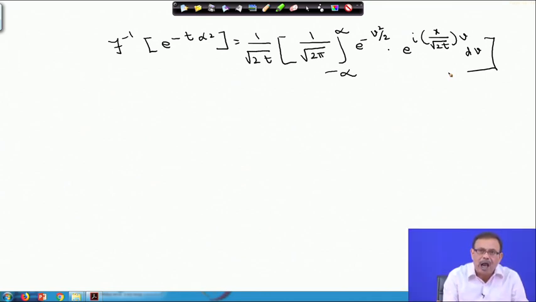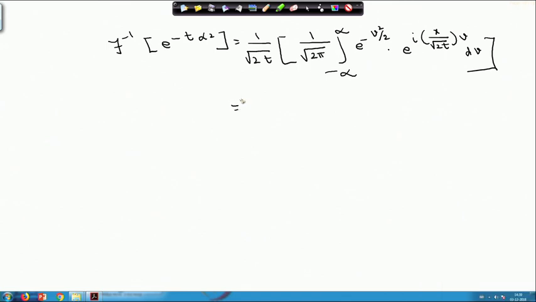The inner portion is nothing but the Fourier transform of e power minus v square by 2, which I know. So, directly substituting, I obtain 1 by root 2 t, e power minus half into x by root 2 t whole square, simply by using the formula, where the kernel is x by root 2 t.